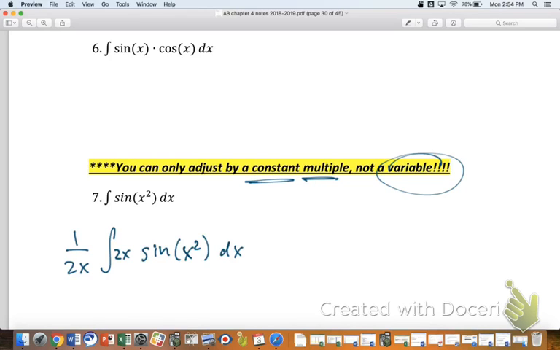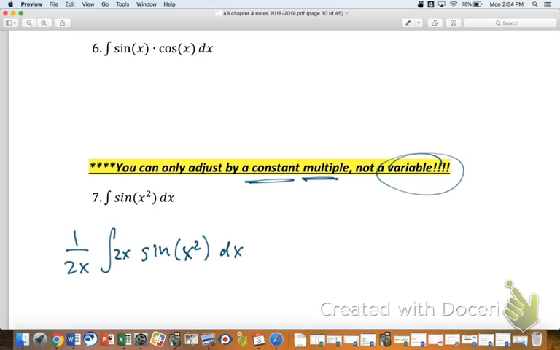So if your process leads you to multiply the inside by 10 and the outside by 1/10, you're good. But if you're like, okay, in order to make this work, I got to multiply by x squared and divide by x squared, you got an issue. You have the form wrong. You need to simplify it. There's just something wrong with that that you need to investigate a little bit further. That simply won't work. Does that make sense?